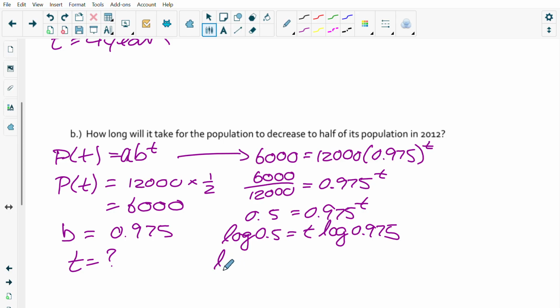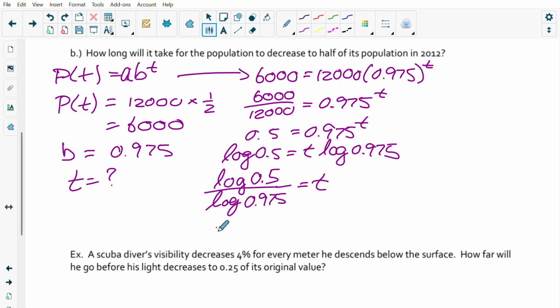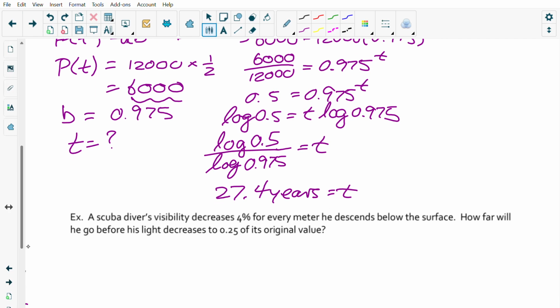Okay, let's solve for t. So that's log of 0.5 divided by log of 0.975 equals t. And then let's evaluate that. That's 27.4 years. Equals t. So it takes 27.4 years for the population to reach half of its initial amount of 6,000 people.